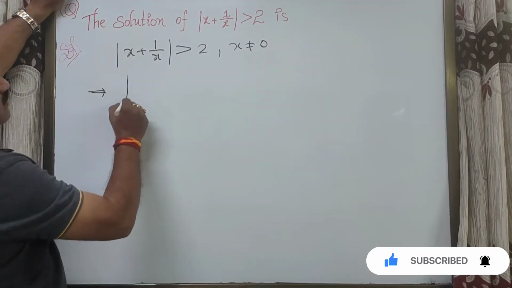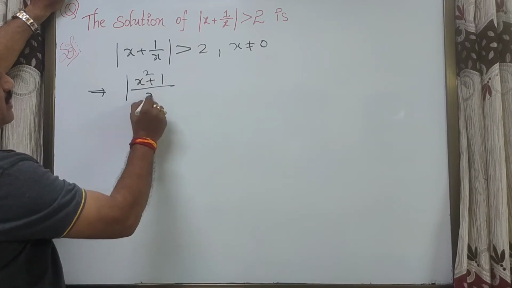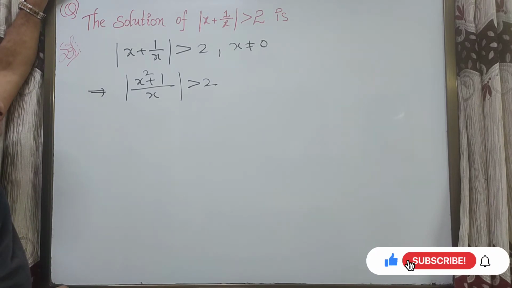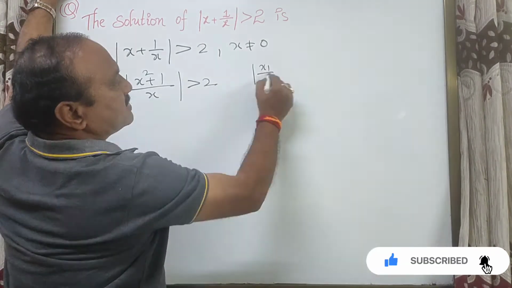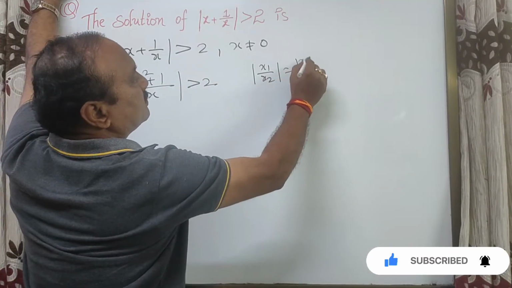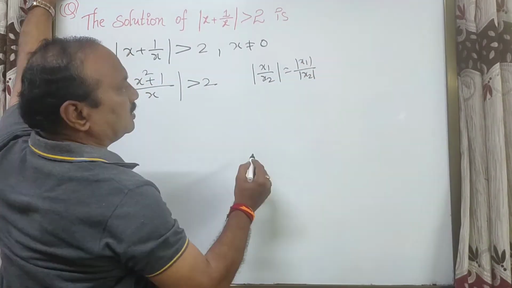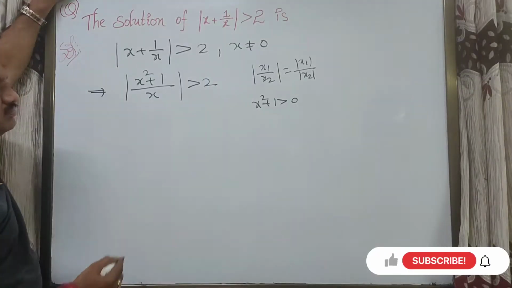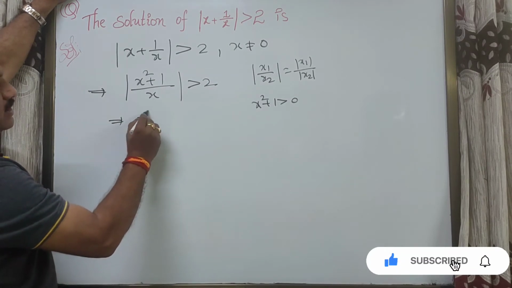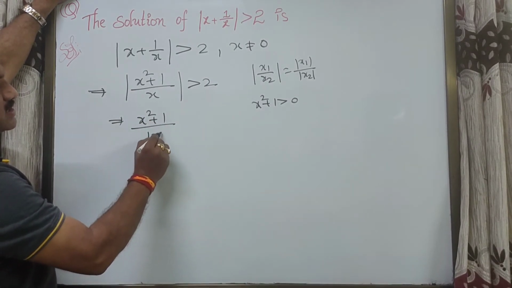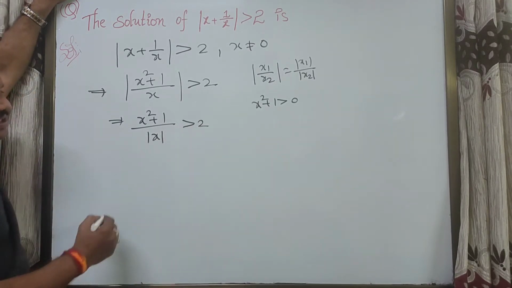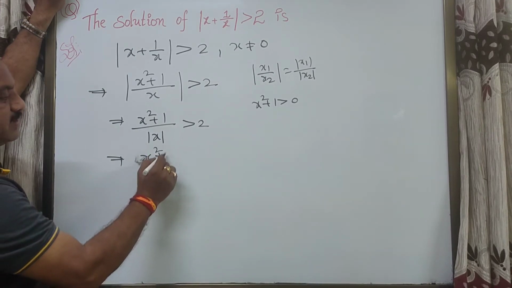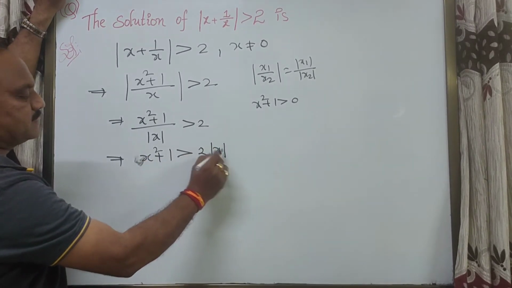See, take LCM: |(x² + 1)/x| > 2. Dear students, we can separate |x1/x2| = |x1|/|x2|. Here x² + 1 is always positive, so you can take the mod outside: (x² + 1)/|x|. Since |x| is always positive, we can cross multiply. x² + 1 > 2|x|.